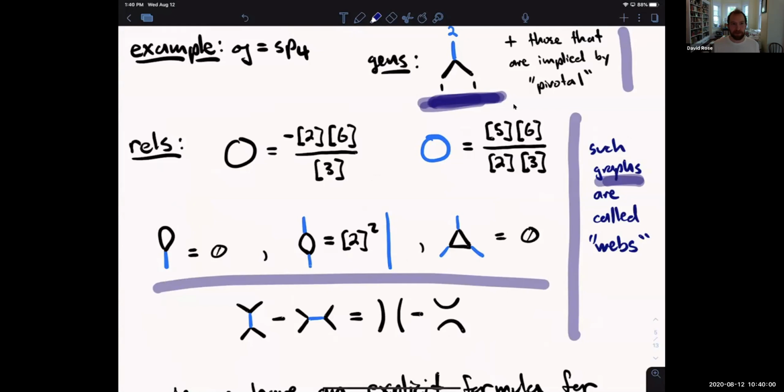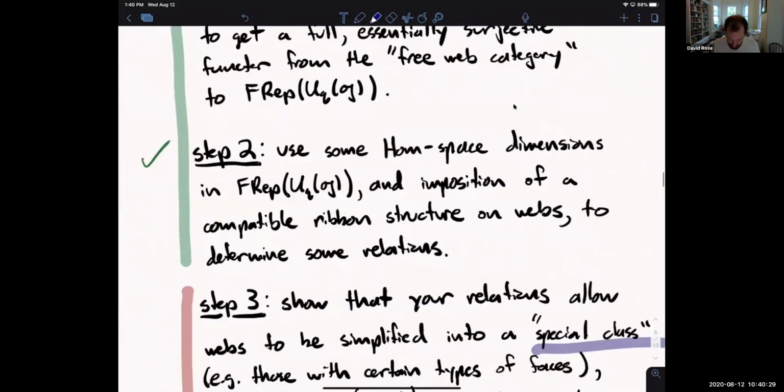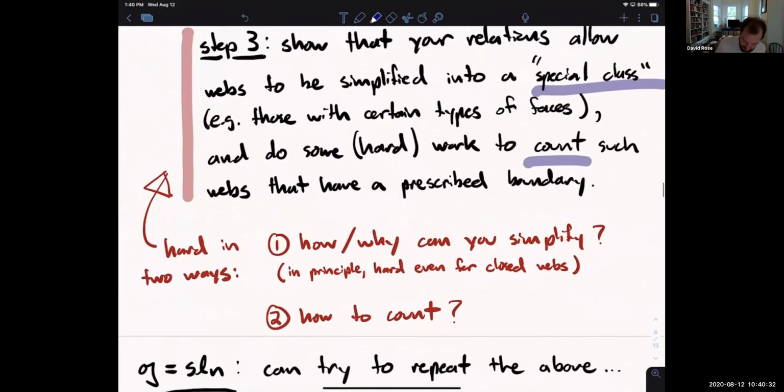They allow you to pluck out unigons, digons, triangles, and you can even prove that this set of relations allows you to remove any square faces of the corresponding graph. And so these relations allow you to simplify face complexity. And that's how the argument that takes you from arbitrary graphs you might build to your simplest class of graphs goes. So again, these simplified ones are ones with certain types of faces.